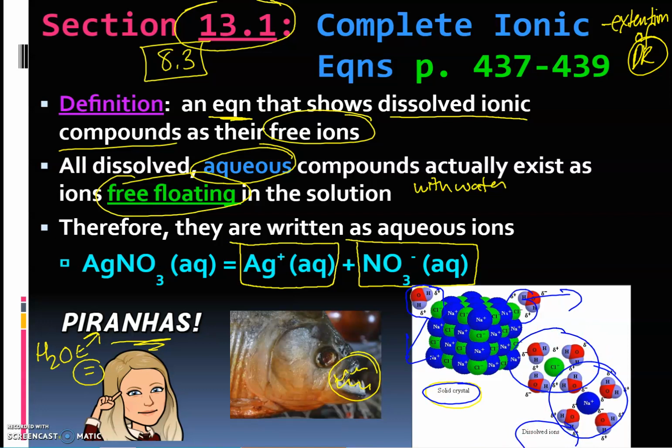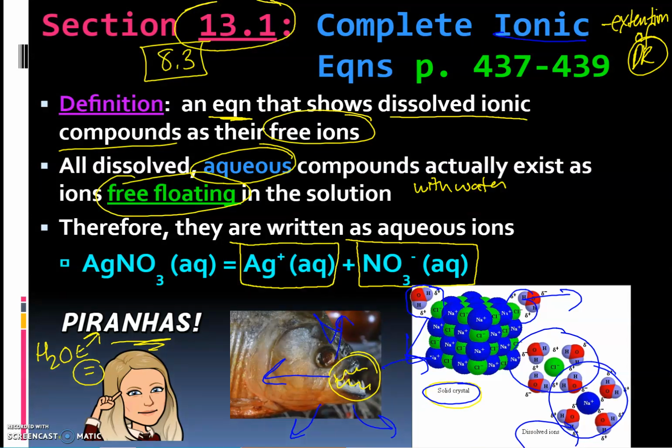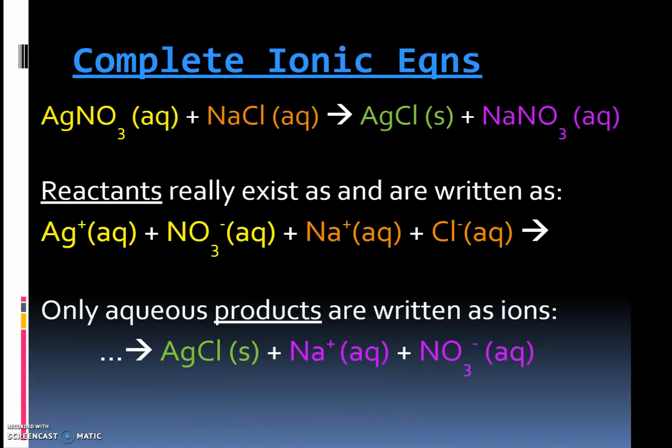That's what a piranha does to something that falls in the Amazon. It's going to dissolve everything. And that's why things that are ionic and dissolved can conduct an electrical current. Later on, we'll get into electrolytes and all that stuff in the solutions chapter.